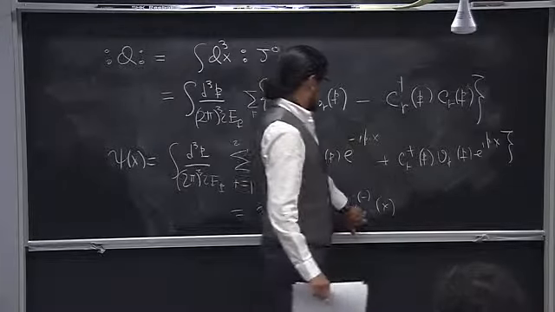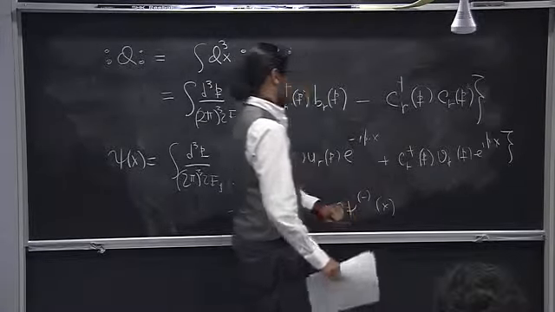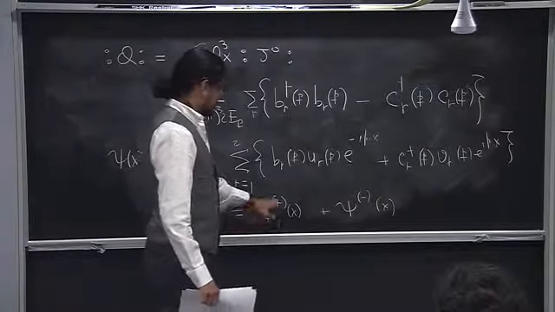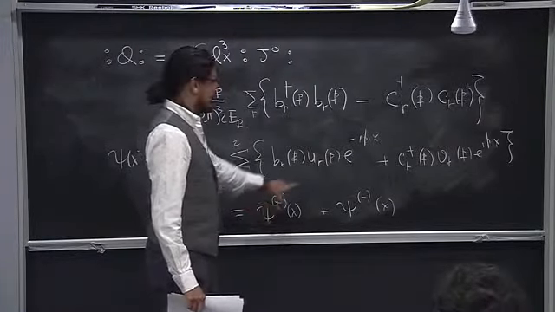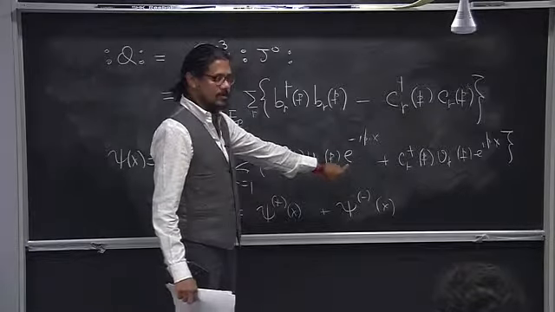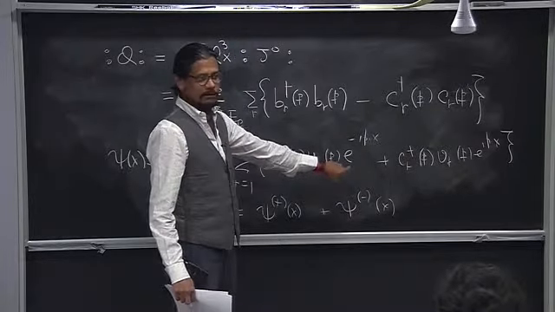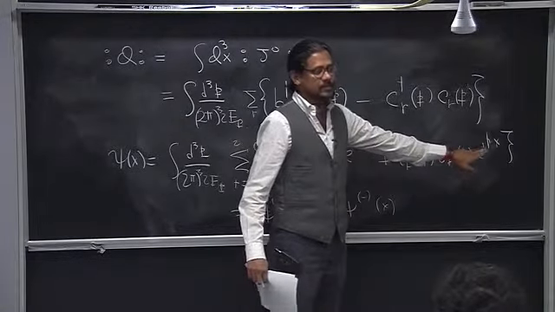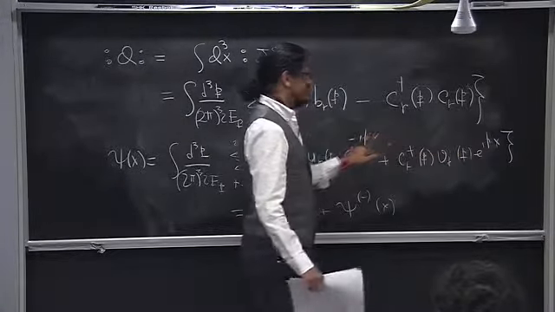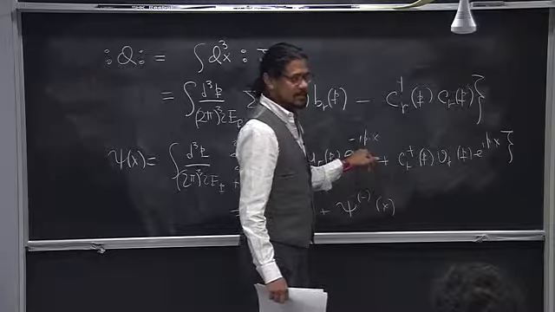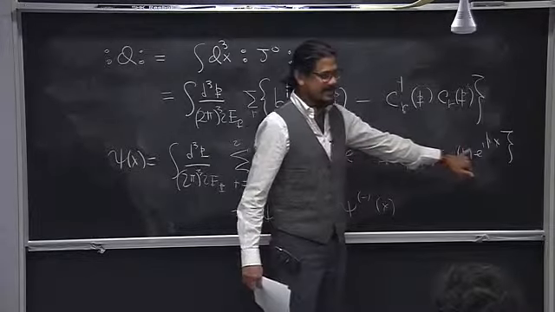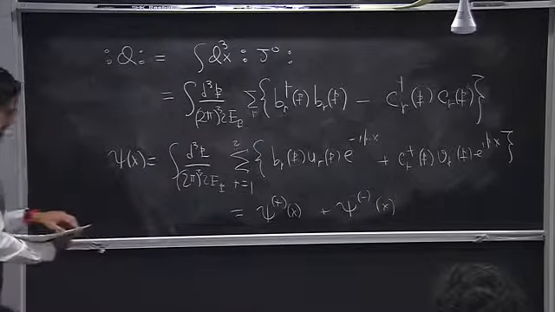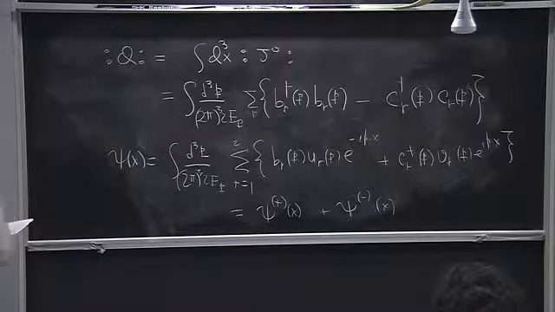This contains the creation operator for antiparticles. You might say, why do we write plus? The plus refers to the fact that these are the positive frequency solutions. And minus refers to the fact that this is a negative frequency solution. Of course, positive frequency solution has minus in the exponential, and negative frequency has plus. Just to make things more interesting.